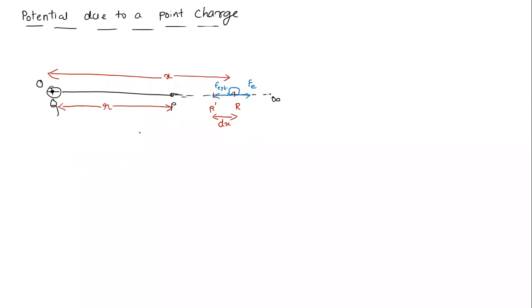Now I need to find the work done to move a charge from R to R prime. First I'll find it from R to R prime, and then I'm going to extend that work from infinity to the point.